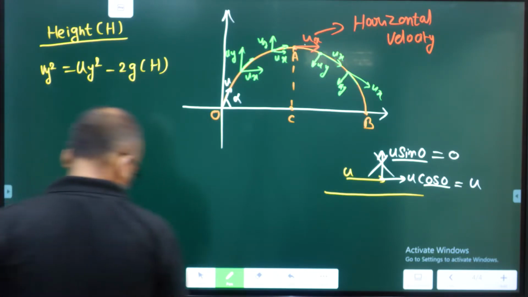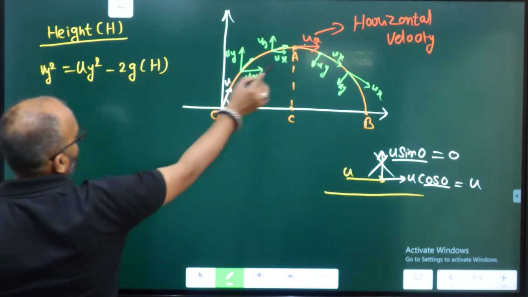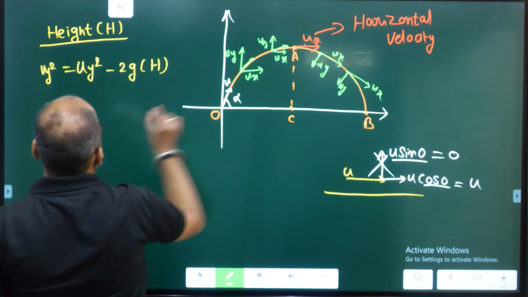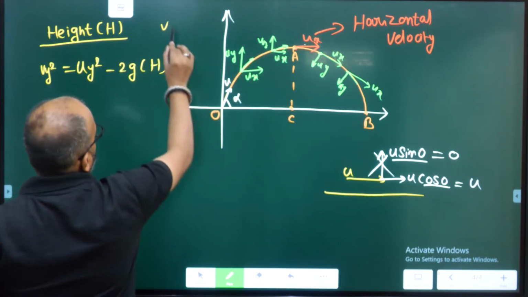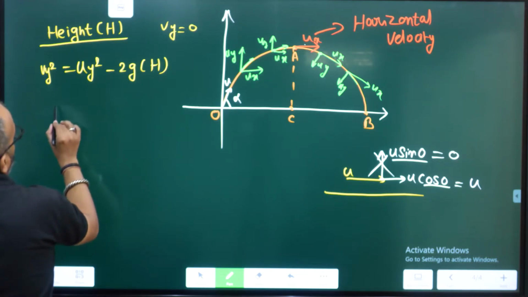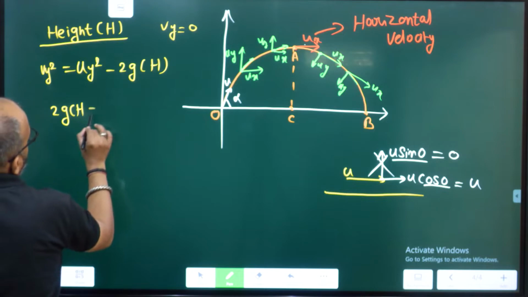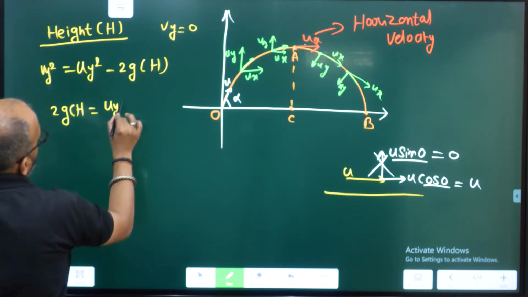Right? Please tell. What is Vy, the final velocity along y? It is 0. I have just shown it to you. So 2gh is equal to uy square.